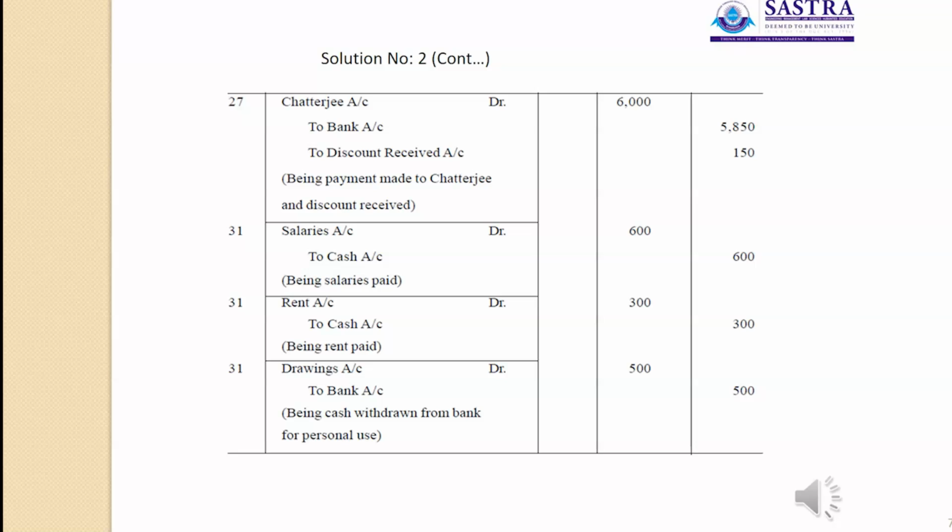Then date 27. Payment made to Chatterjee and discount received. So Chatterjee account debit rupees 6,000 to bank account 5,850, to discount received 150. The narration for this transaction is being payment made to Chatterjee and discount received.